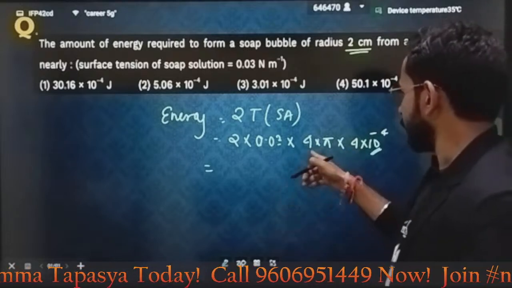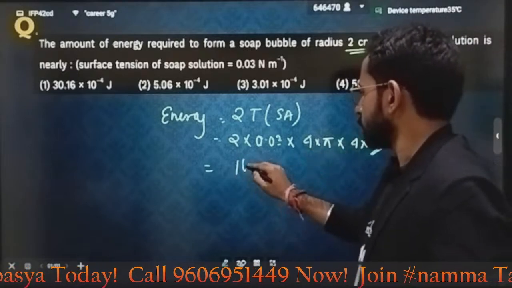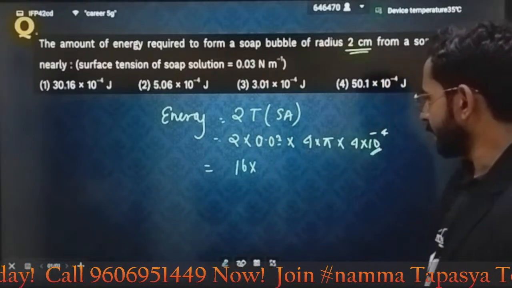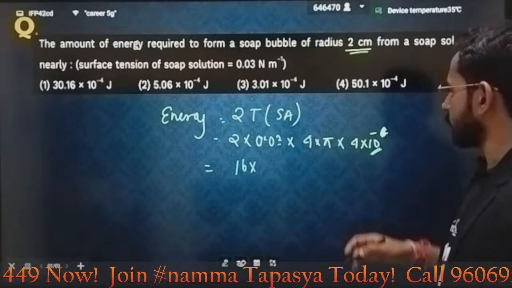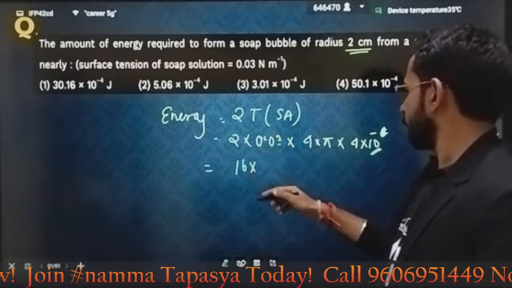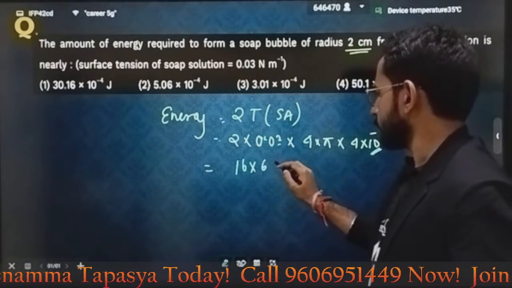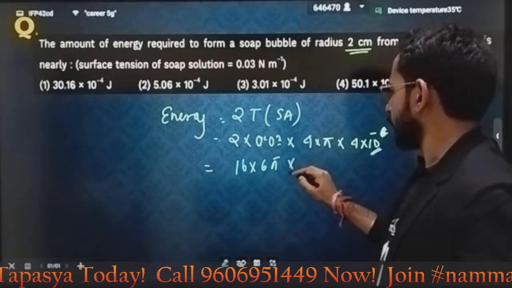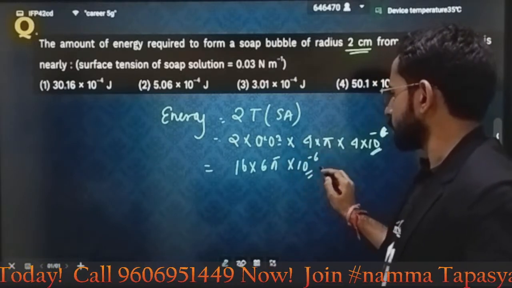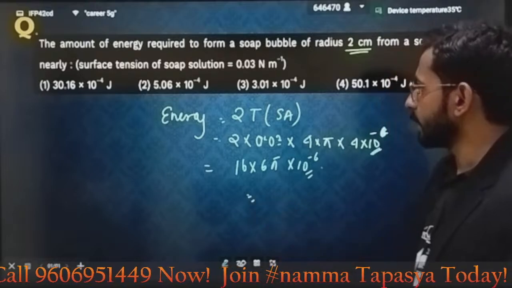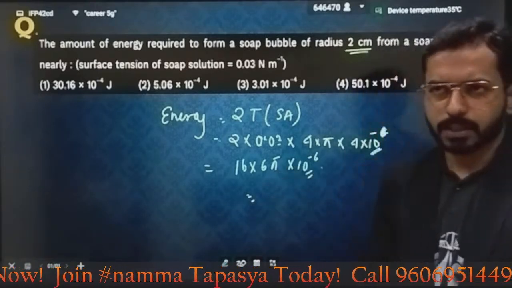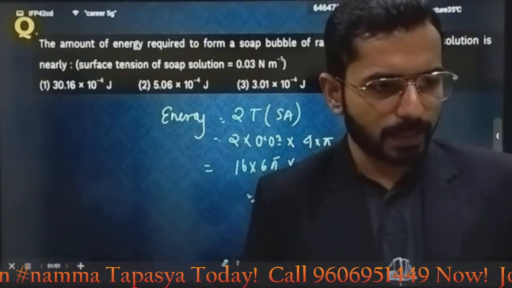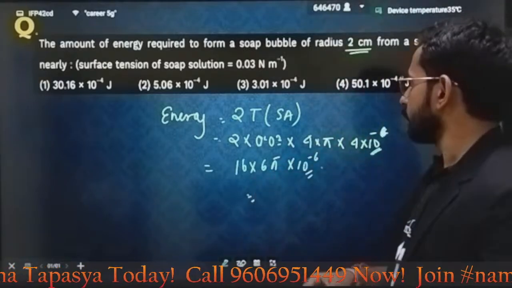See, 4 into 4 will be approximately 16, and if I remove this and make it 10 power minus 6, here it will be 6 pi into 10 power minus 6. This is what you will nearly get. 16 into 6 will be 96. 96 into pi, nearly 3 should be the factor.